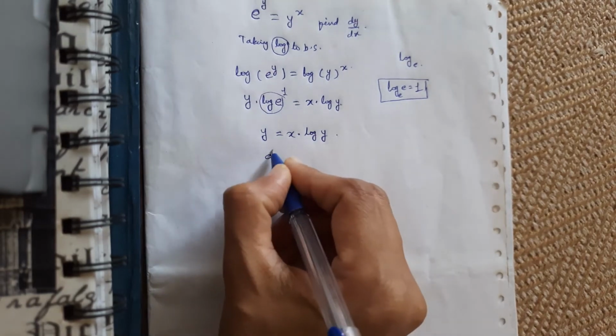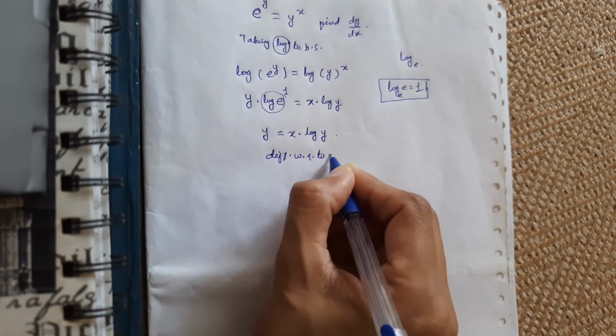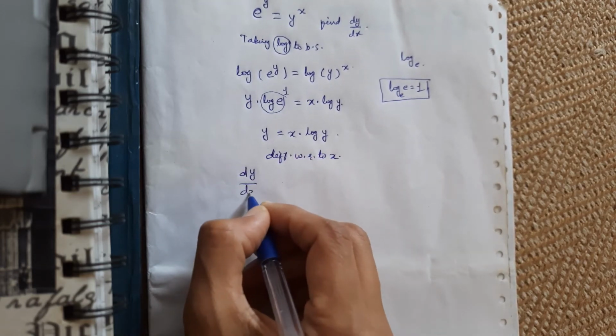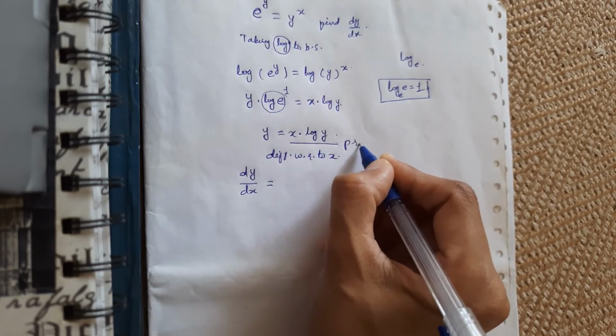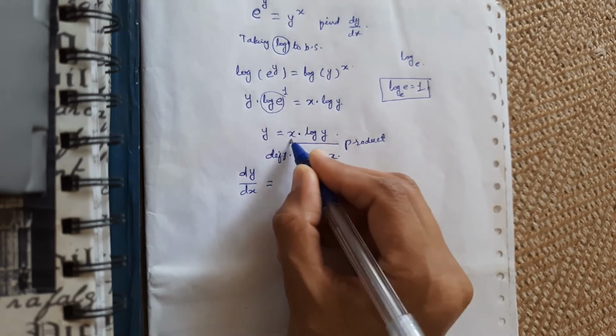Now I will differentiate this with respect to x. What will I get? dy by dx equal to, now here I need to apply the product rule because I have a multiplication sign between two functions.